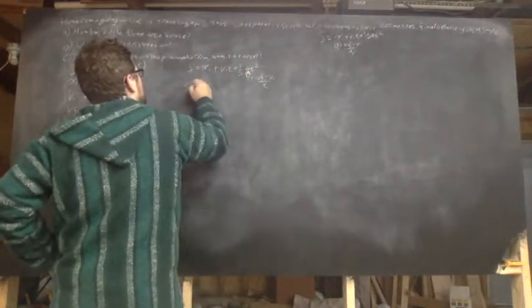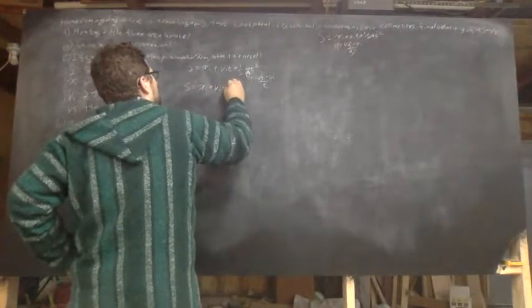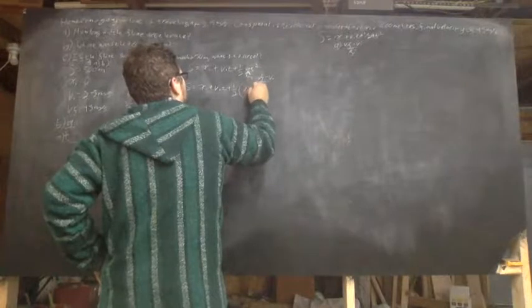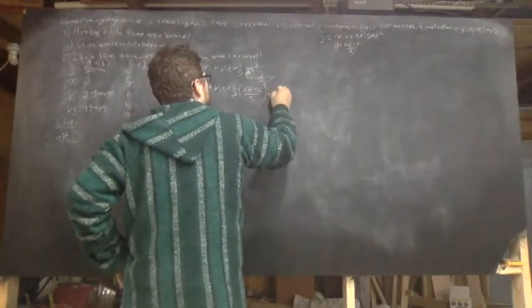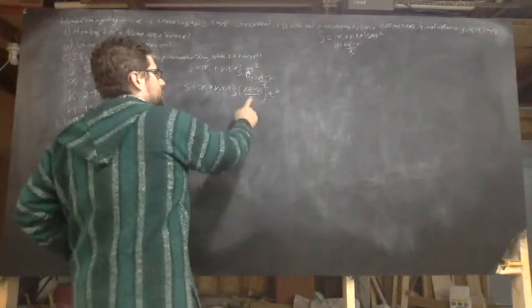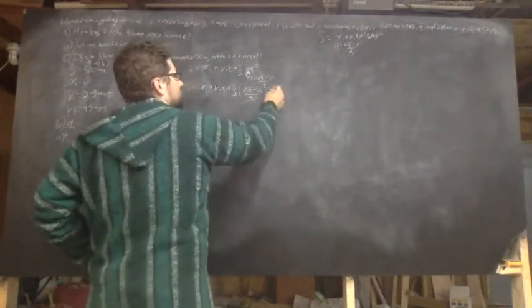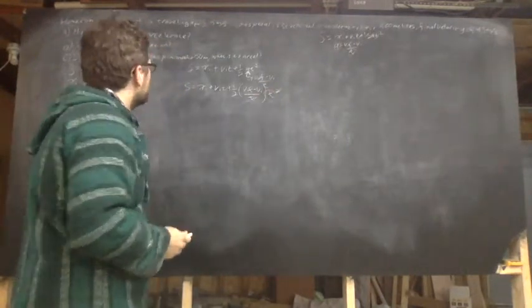Rewriting it, S equals Xi plus Vit plus 1/2 Vf minus Vi over T squared. Now remember, that simplifies. Get rid of the T, get rid of the square. You still have a T here, but at least you don't have a square to deal with.